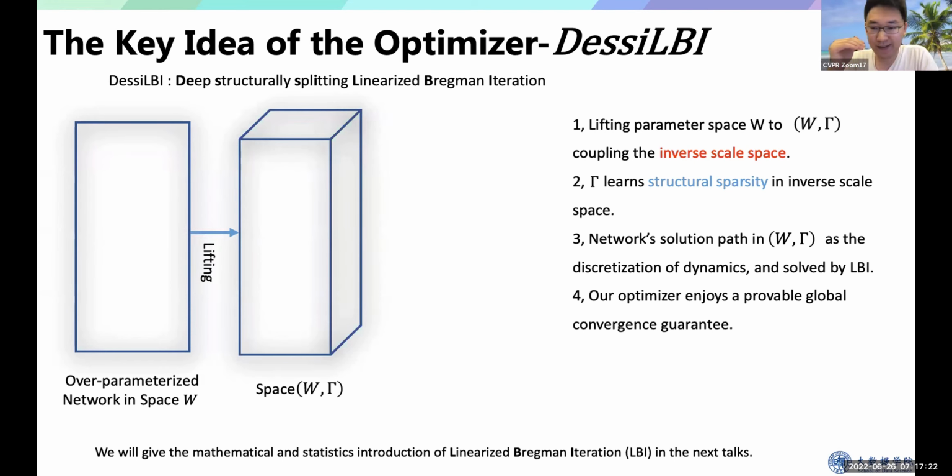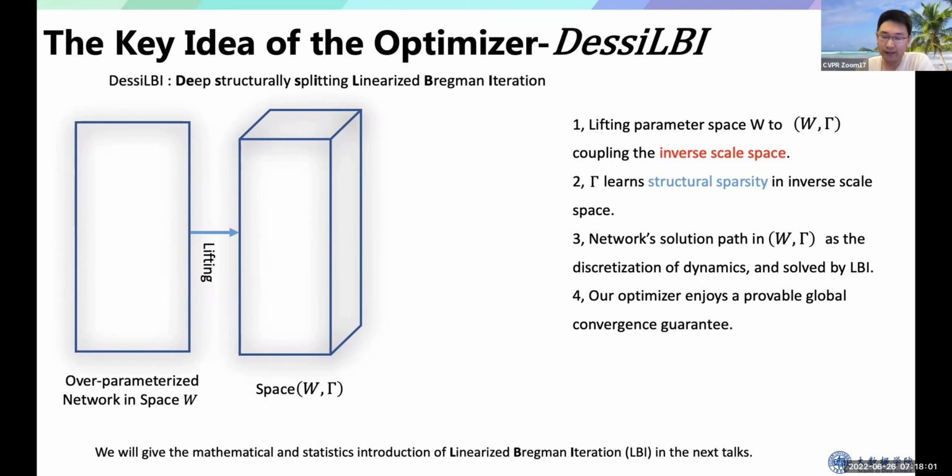W is the training over-parameterized model, and gamma is introduced to learn structural sparsity in inverse scale space. We make a dynamic training algorithm named linearized Bregman iteration to train the dense over-parameterized model by W and structural sparsity by gamma simultaneously. And the structural sparsity learned by gamma provides a good candidate for the subnet structure.